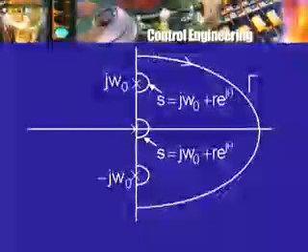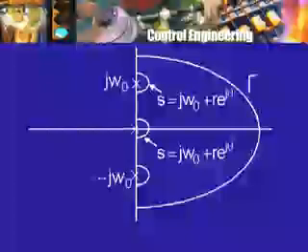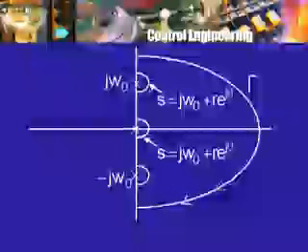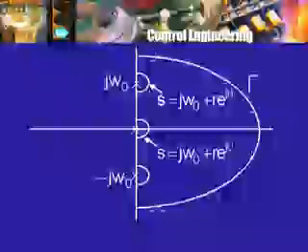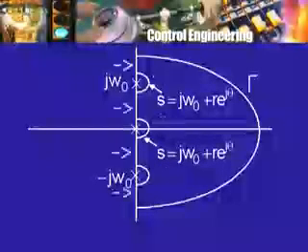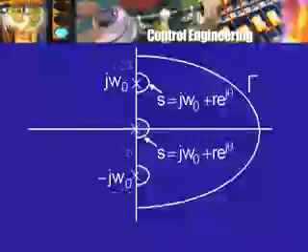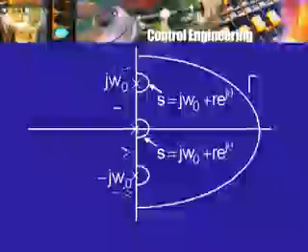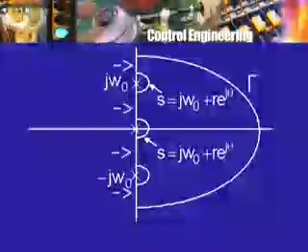And then of course, we have this infinite semicircle, or what we have to really imagine as an infinite semicircle. So the contour now has this infinite semicircle as one part, and these three circles of small radii as other parts, and the j omega axis has these four portions now.